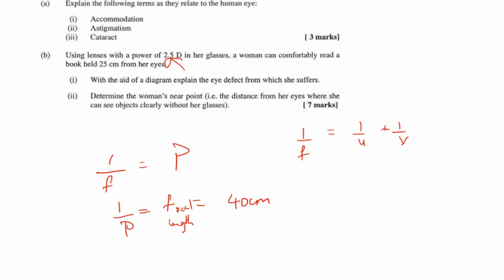The 25 would be the image distance in this case, because that is where the image is cast in front of her eyes using the lens, for her to be able to see it. So that would be the image distance. Let's see if we can manipulate this a bit and find out the object's distance.